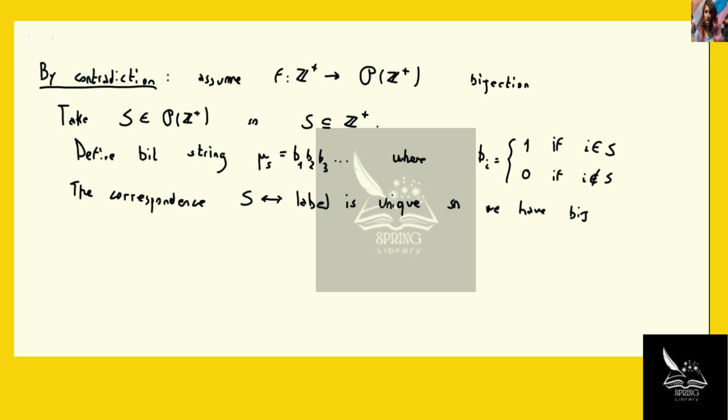So we can define a bijection, let's call it G, from Z plus to the set of labels, which we call L. And this map G is defined by composition of F and the labeling.